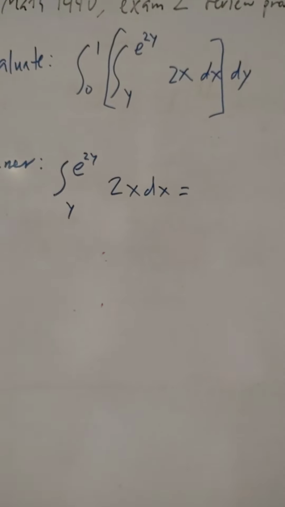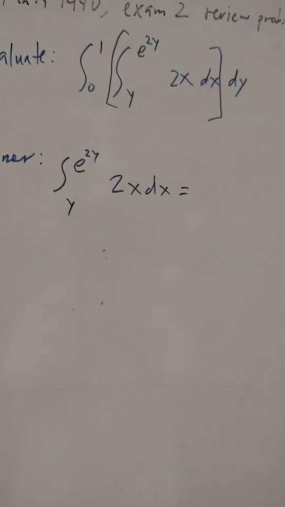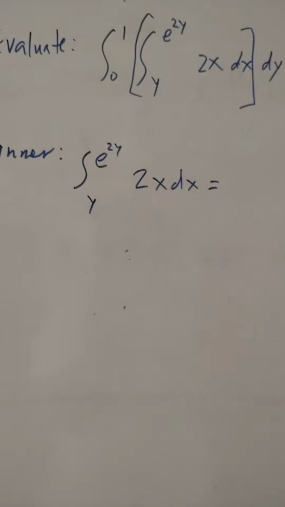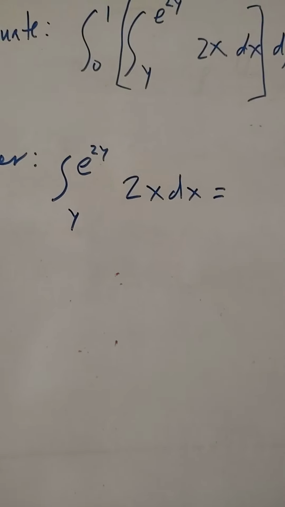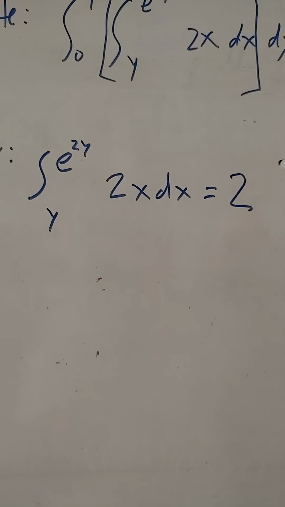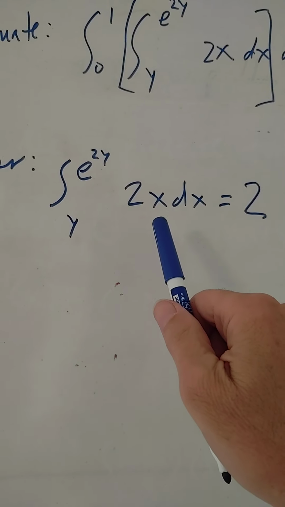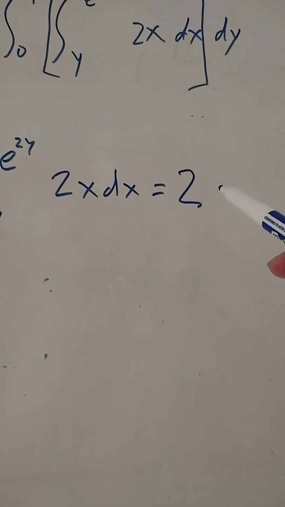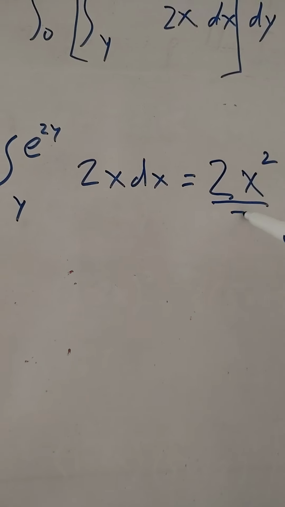Here again, I could pull out the 2, but I'll just leave it where it is. Either way, you get the same answer. So this 2 is going to be part of my answer. And then what's the integral of x dx? We're integrating with respect to x, so by the power rule, it's x squared over 2.